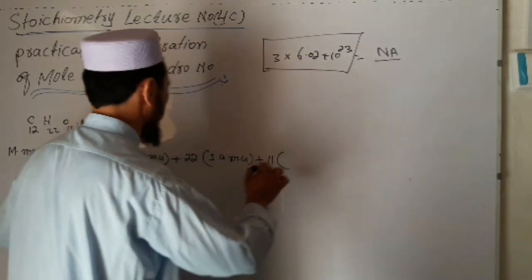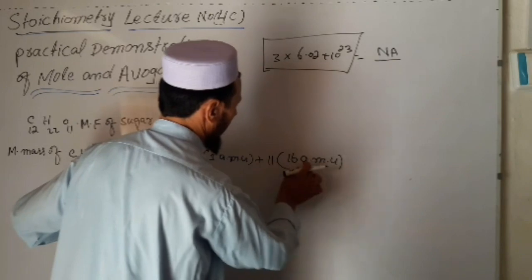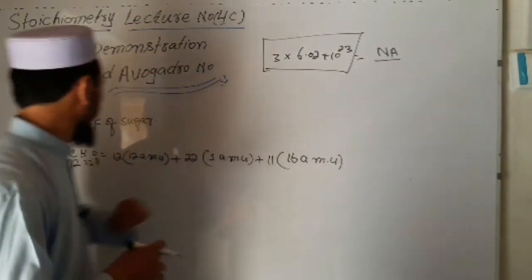It will be multiplied by 16 AMU, because the atomic mass of a single oxygen atom is equal to 16 AMU.